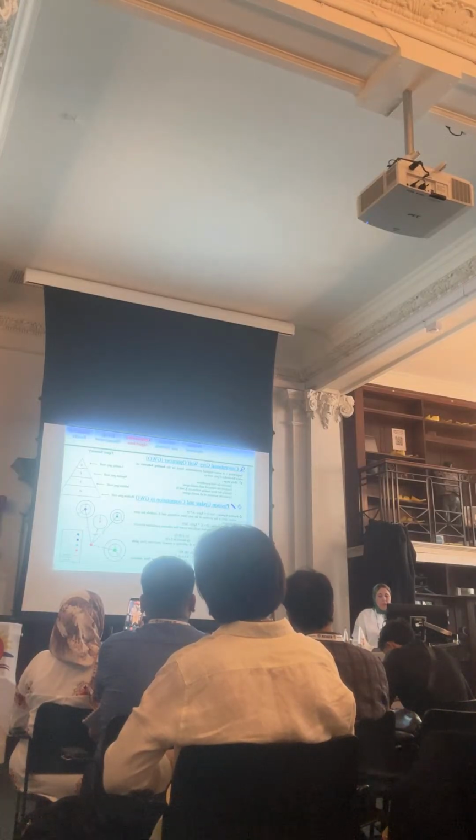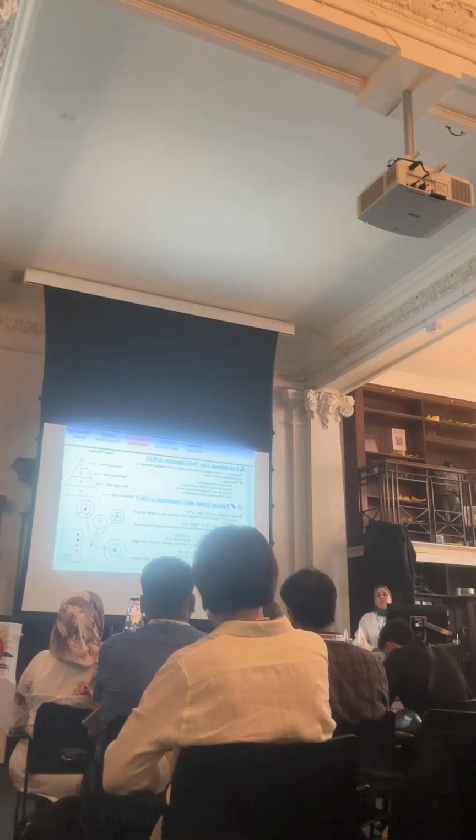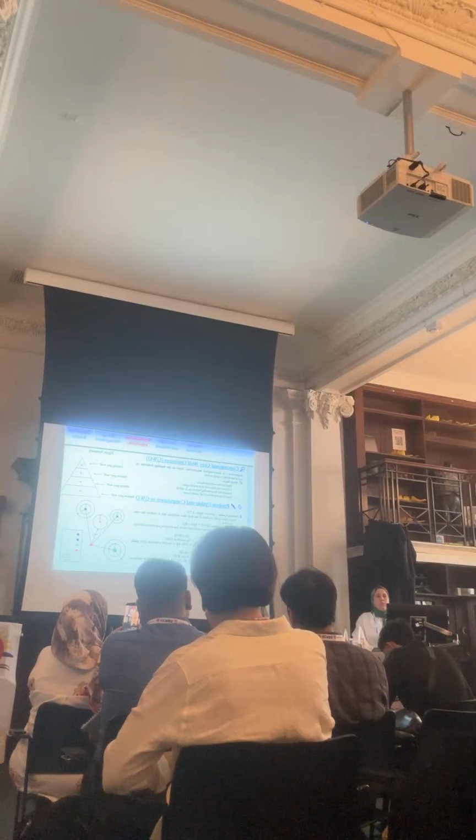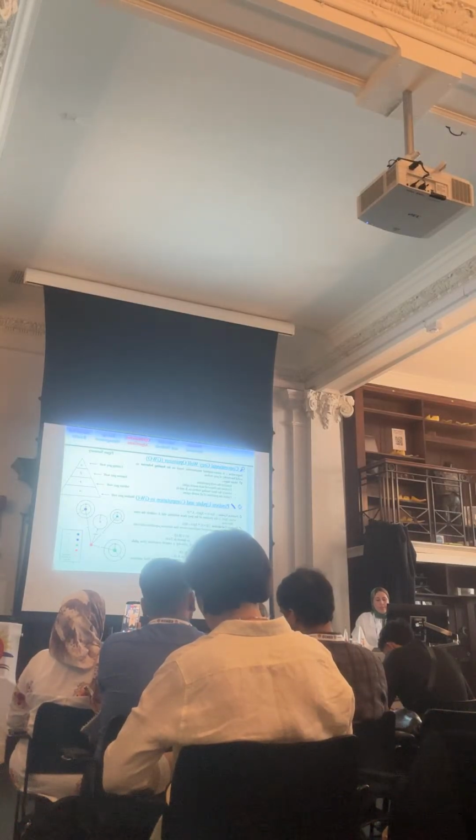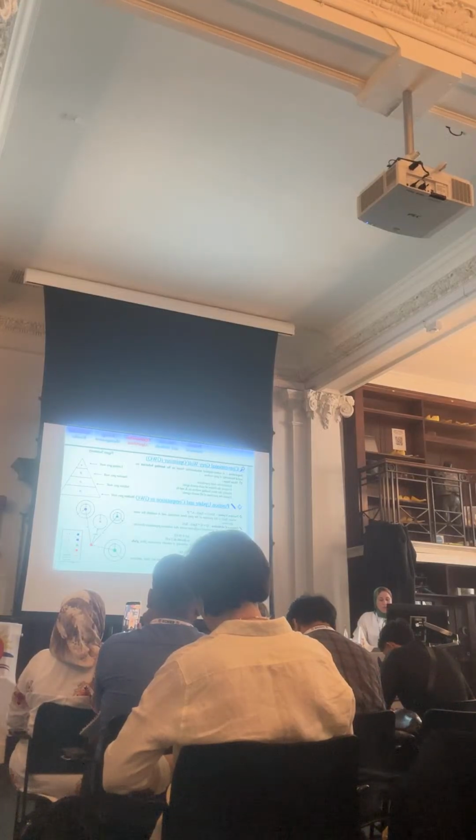Let's move to the optimization algorithms, starting with the conventional one. The gray wolf optimizer, GWO, is a nature-inspired metaheuristic algorithm based on the hunting behavior of gray wolves.